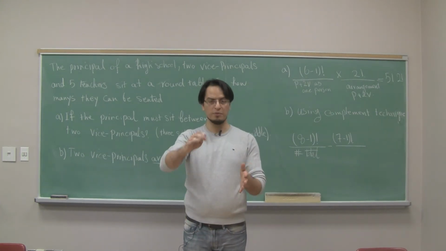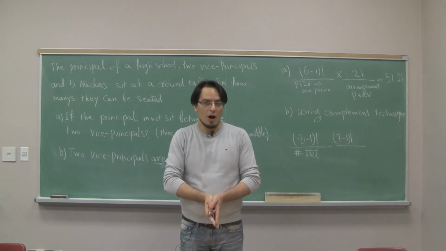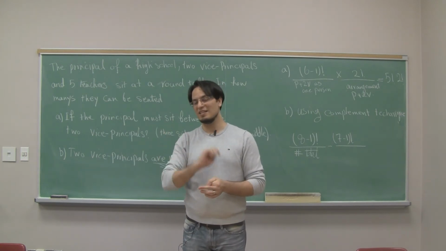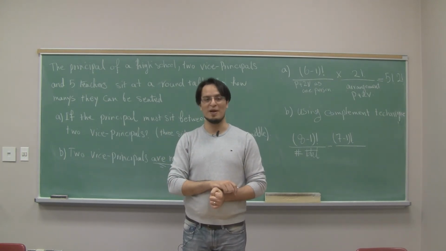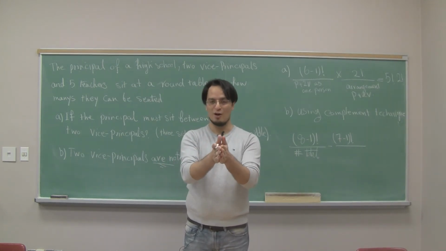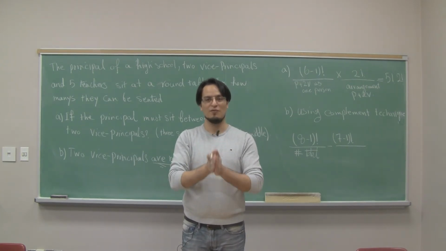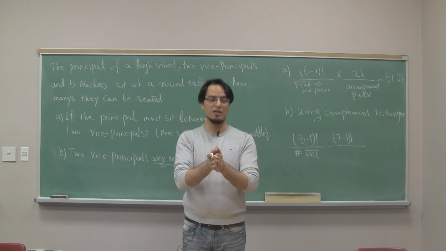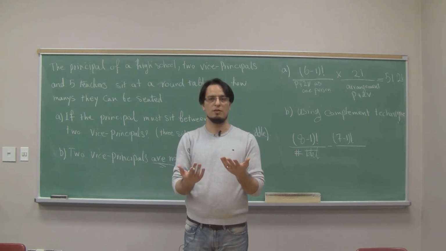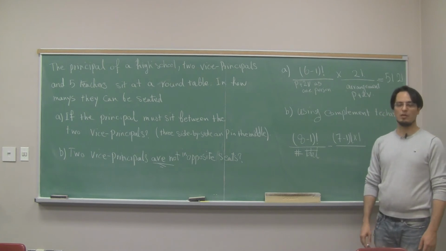The circle is formed, and we have one of the vice principals there. The opposite of his seat is the seat that the second vice principal should sit in. We ask him to come in, open a space on the opposite side of the table, and ask him to sit there. And we have only one option. There's no other option, and that means I have to multiply this by 1.